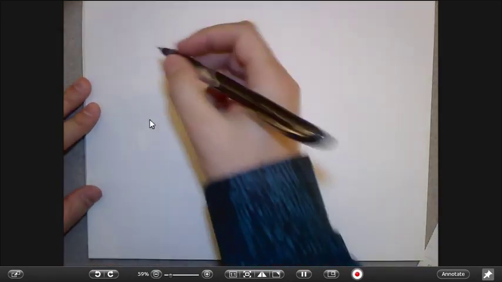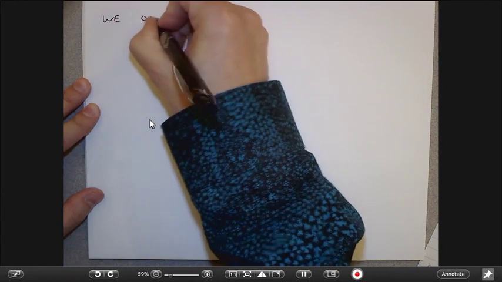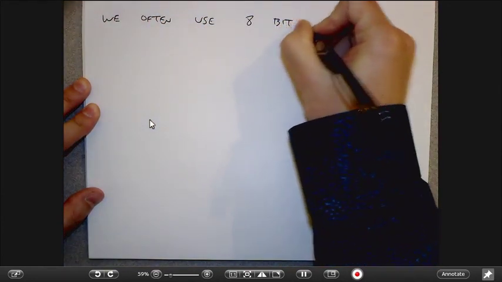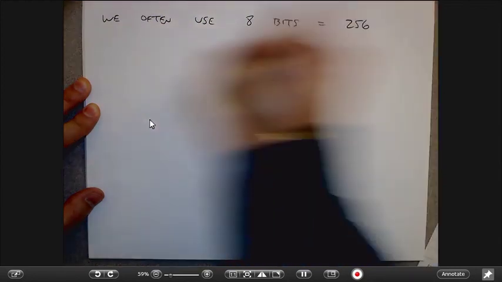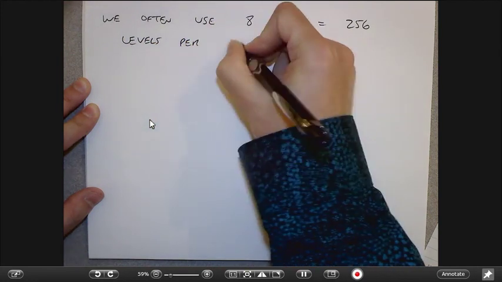Just to write down a couple of points from what I said verbally. Frequently, we often use 8 bits, which is the same as 256 levels per color channel.